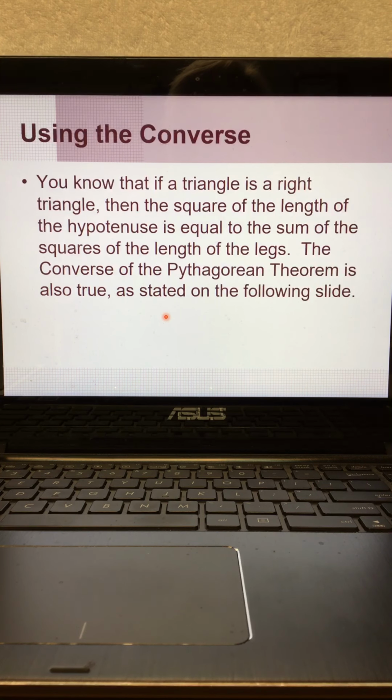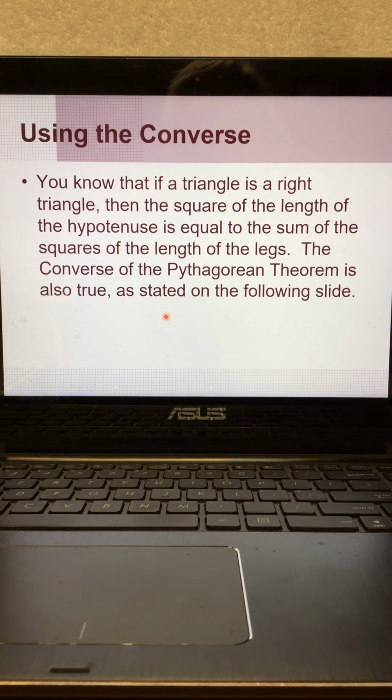So we want to use a theorem that is the converse of the Pythagorean theorem. It says that if a triangle is a right triangle, then the square of the length of the hypotenuse is equal to the sum of the squares of the lengths of the legs. We did that last Thursday.